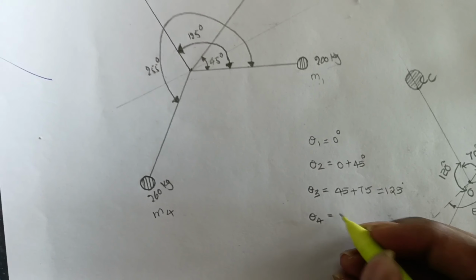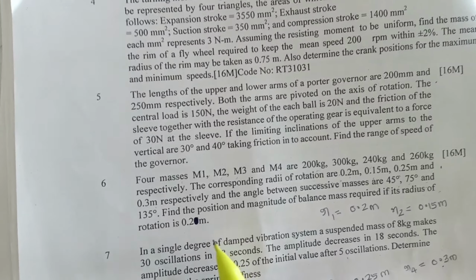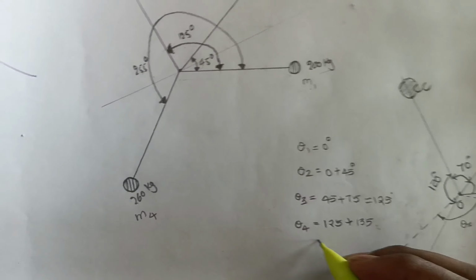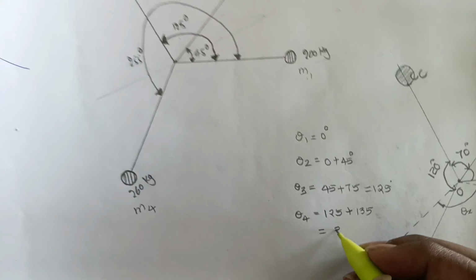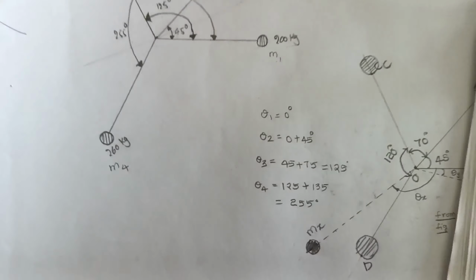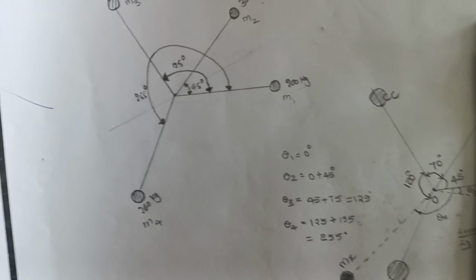Theta 4 is 125 plus the next angle 135, and the total value is 255 degrees.